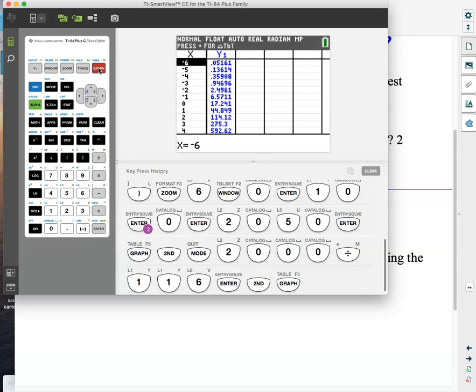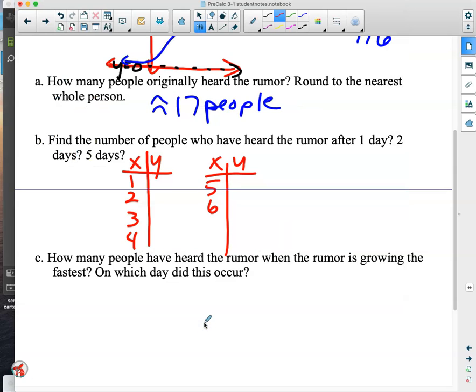So second graph. And there's our 17 again. So we'd write down about 45, 114, 275, 593, 1,053, 1,491. And that gives us a good feel for what's going on with those numbers.